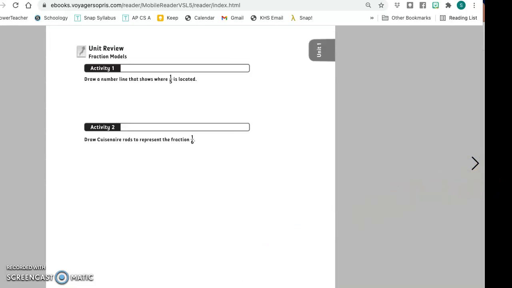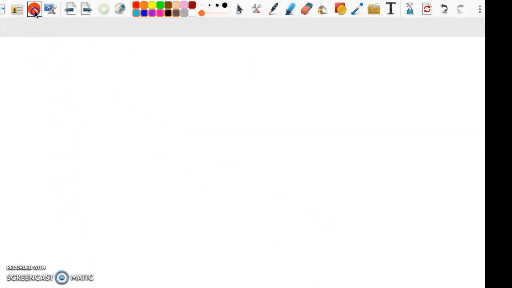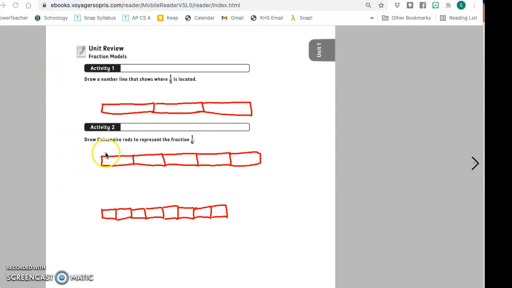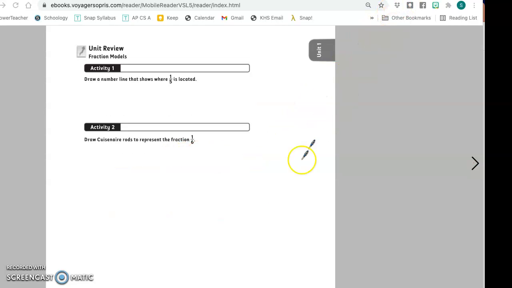Activity 1 here. Now it says draw a number line that shows where 1/5 is located, right? Well, if I draw a number line, it always starts at 0, right?